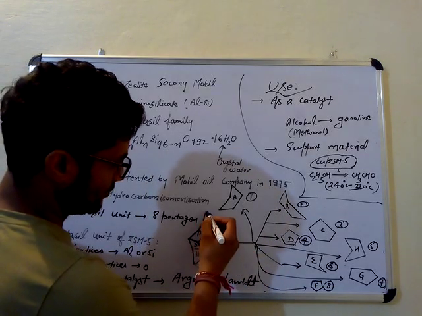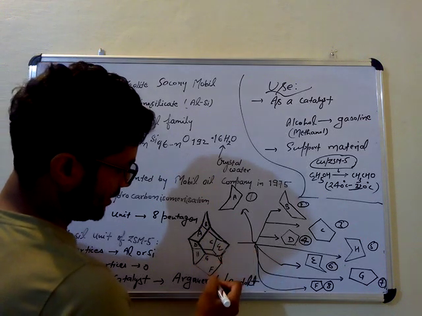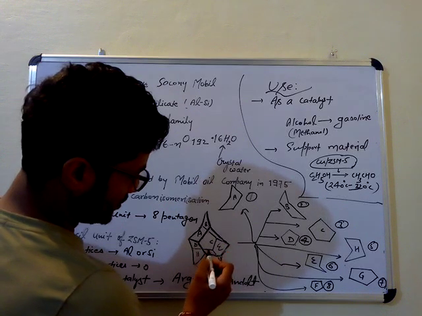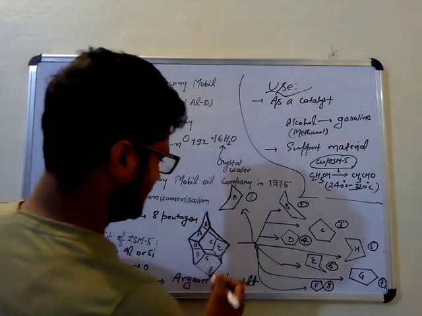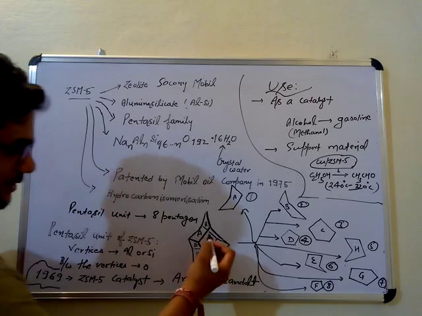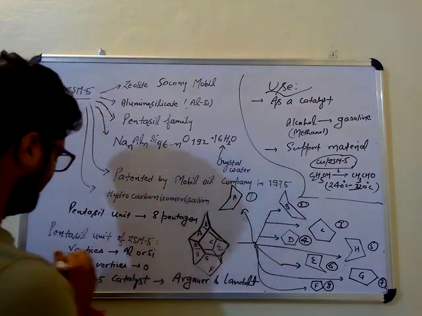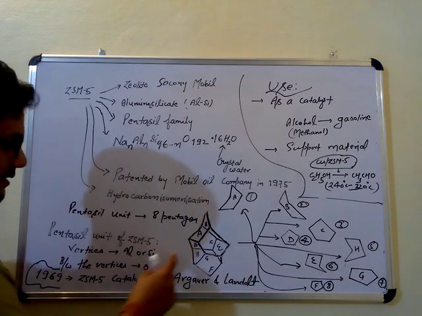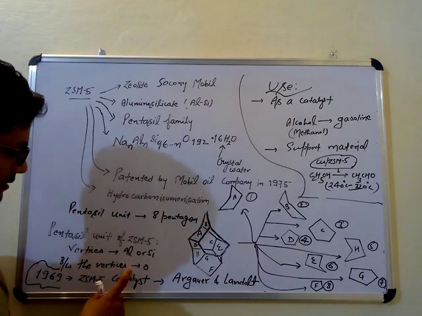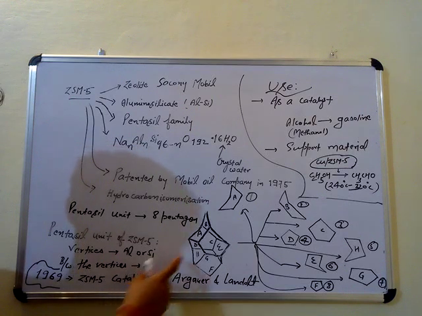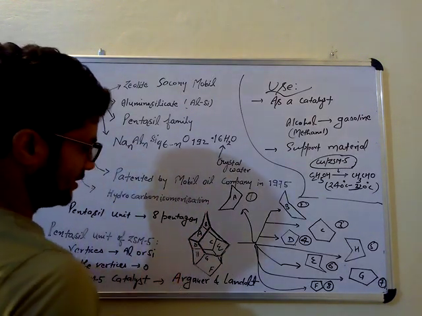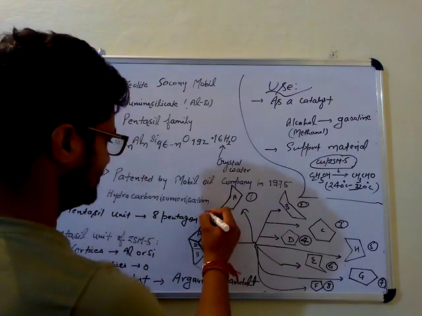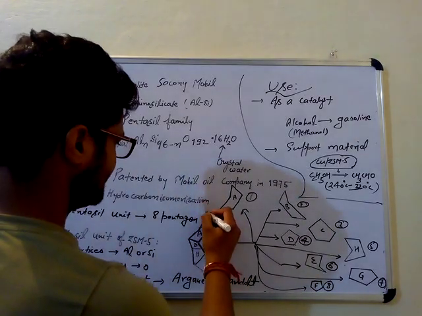You can count from one side: 1, 2, 3, 4, 5, 6, 7, 8, 9, 10, 11, 12, 13. In all vertices there are aluminum and silicon atoms, and between these atoms there are oxygen atoms. This makes the pentasil unit, and ZSM-5 is made by many pentasil units.